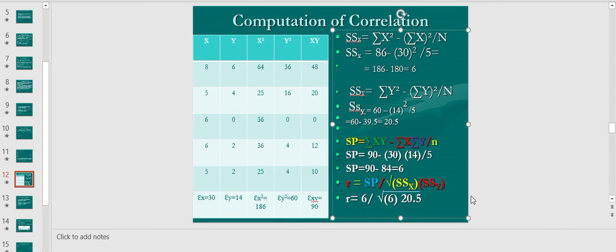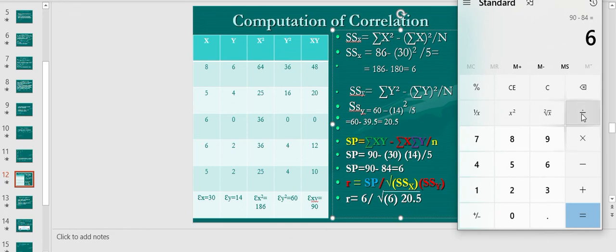We will multiply these two, 6 into 20.5, and take the square root of this value, which is equal to 11.09.